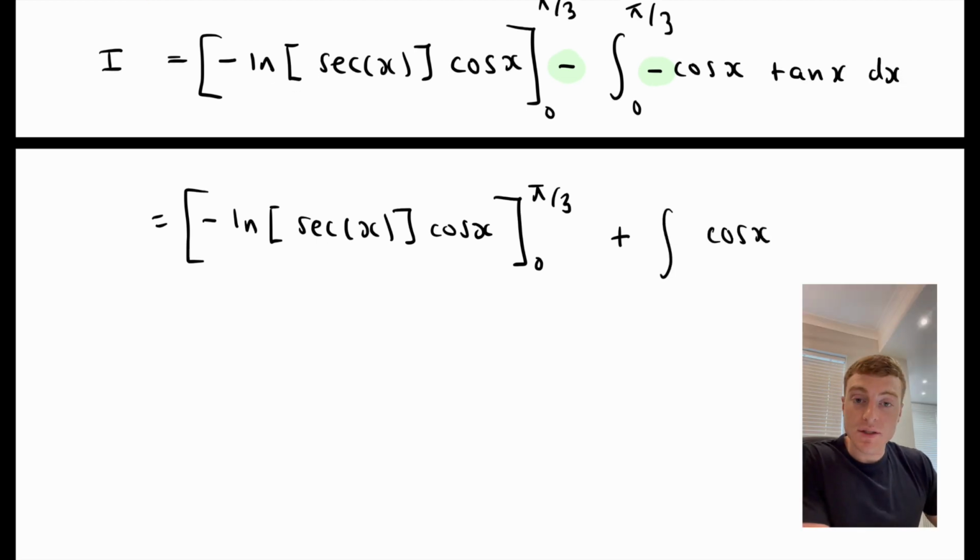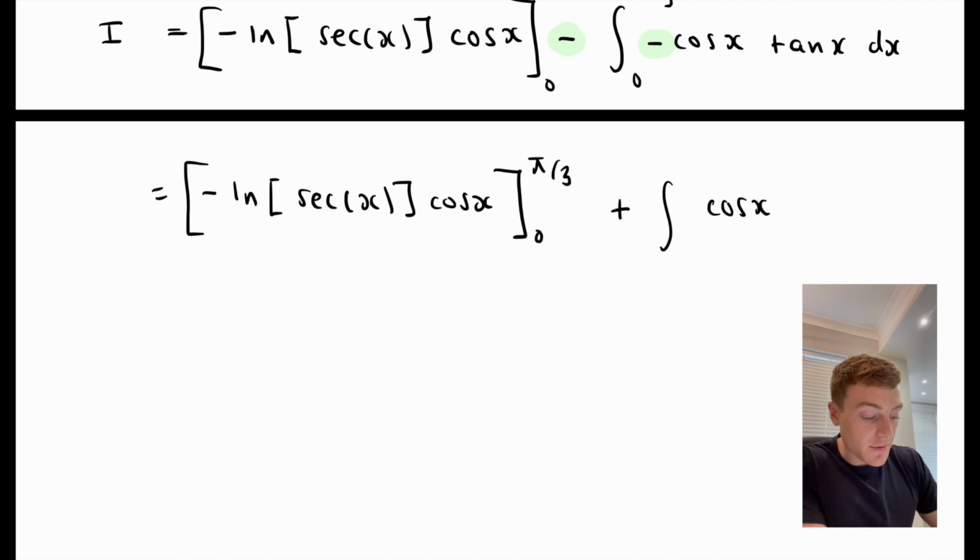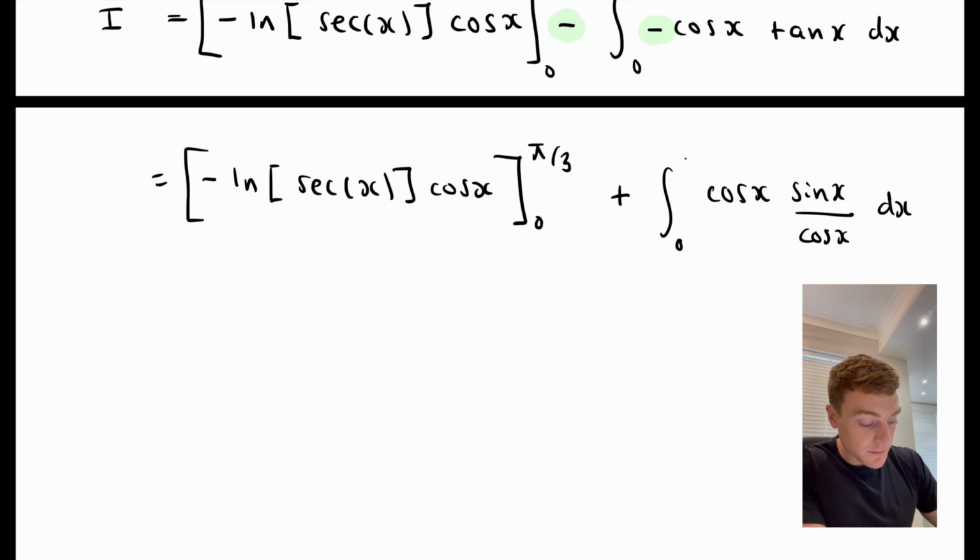Now, just from repetition of questions, you'll start to realize that whenever you see a tan x, 9 times out of 10, you're going to want to rewrite that as sin x over cos x dx, which turns out to be quite helpful because now I can cancel through my cos x's.